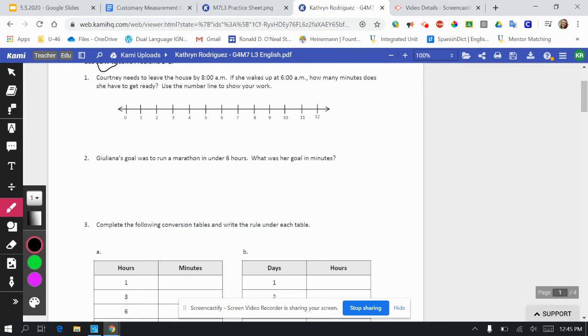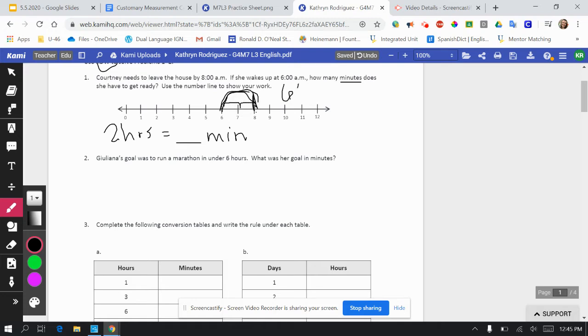All right, so she's waking up at 6 and she has until 8 a.m. Okay, so it looks like that is 2 hours. And my problem wants to know how many minutes that is. Each of these is 60 minutes. So here's 60 minutes and here's another 60 minutes.